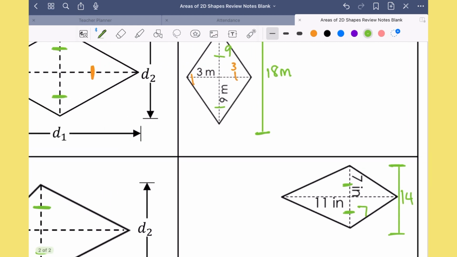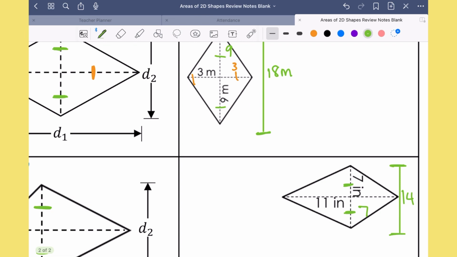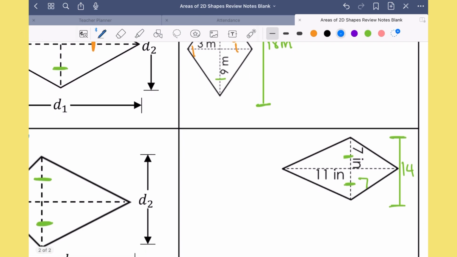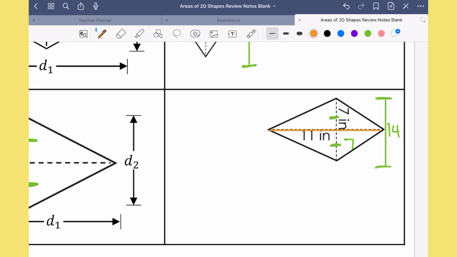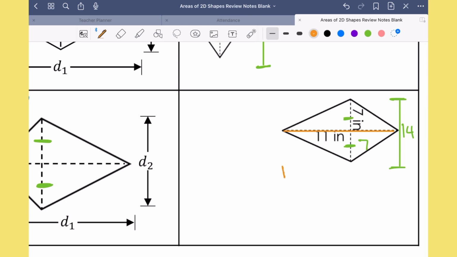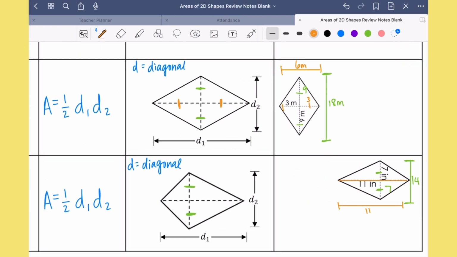So both of these are the same, but the 11 is just the whole thing here. So for the kite, those are not the same. It's just one length. So this diagonal is just 11.